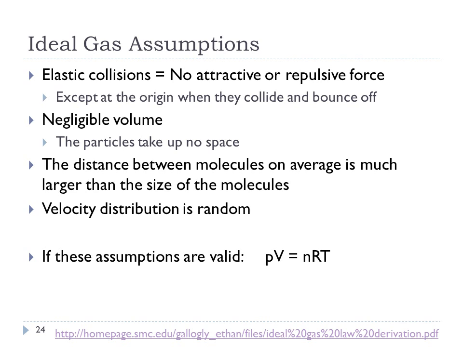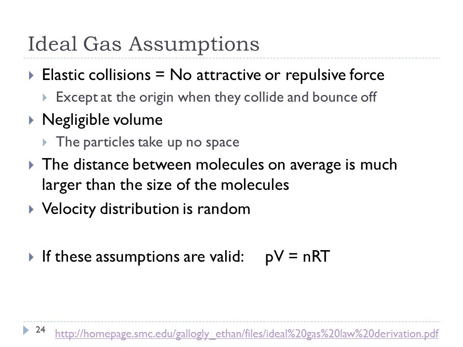And there's also the assumption that the particles themselves have negligible volume, meaning that they take up a negligible amount of space compared to the characteristic distance between molecules. So the assumption here is that the distance between molecules on average is much, much greater than the size of the molecules themselves.